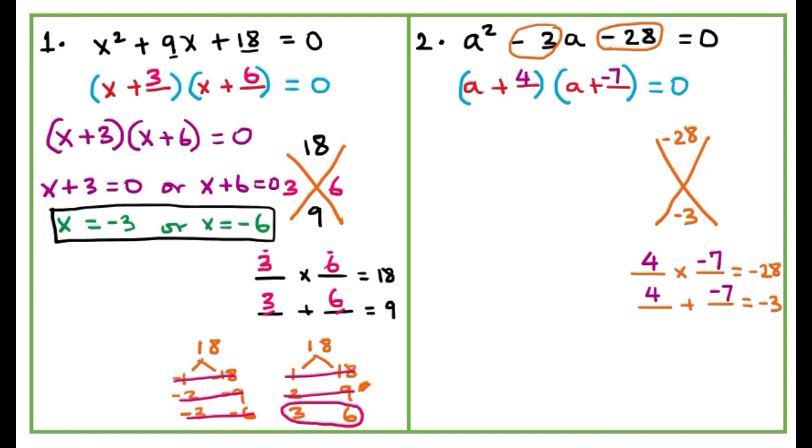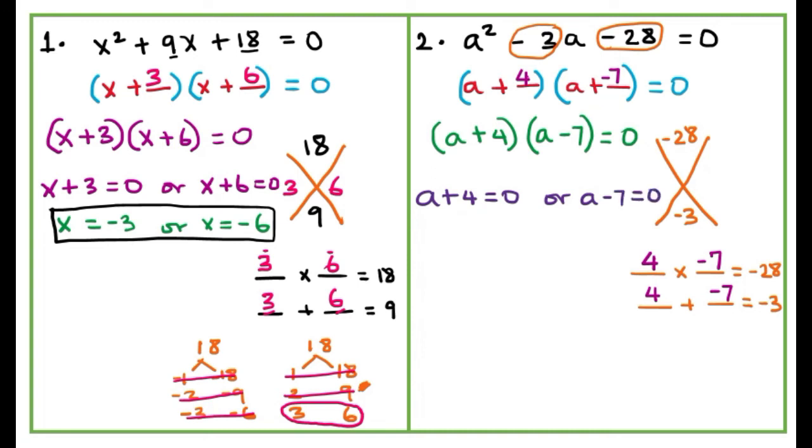So in the factored form, we'll have a plus 4 into a minus 7 equals 0. So we see that a plus 4 equals 0, or a minus 7 equals 0.